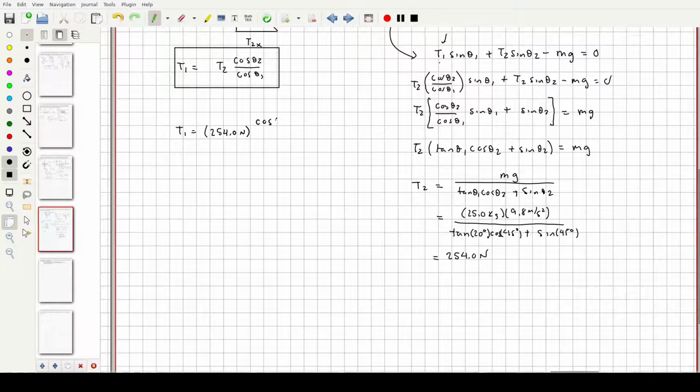Now, theta 2 was 45 degrees, and theta 1, remember, was 20. So, cosine of 45 divided by cosine of 20, and then multiplied by that.